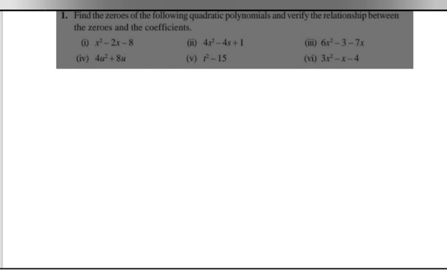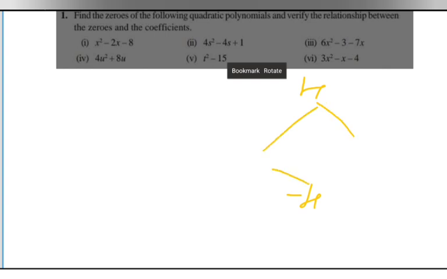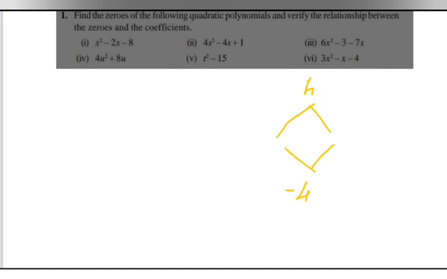We took 4 and minus 4, and here we took minus 2 and minus 2.